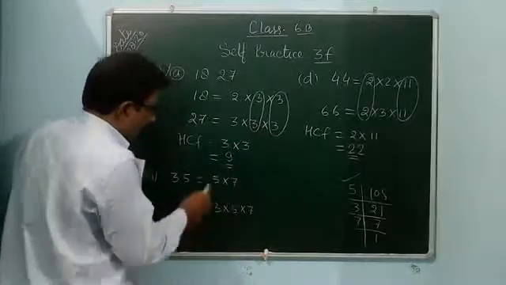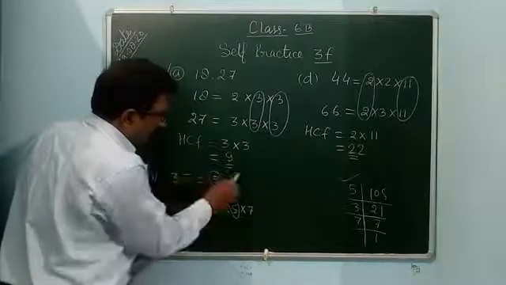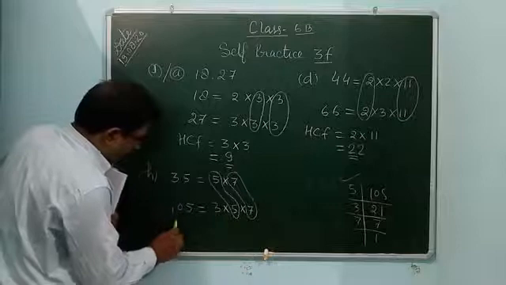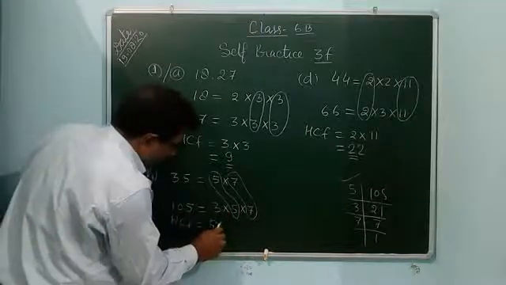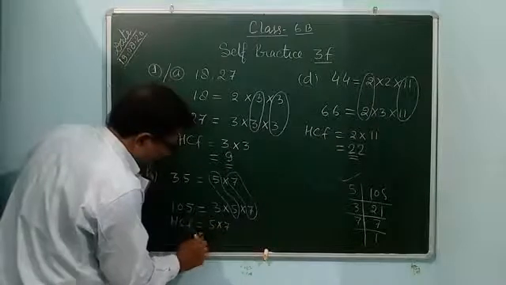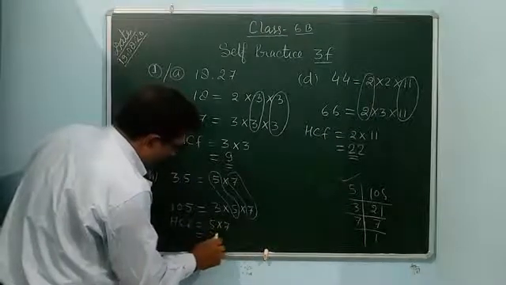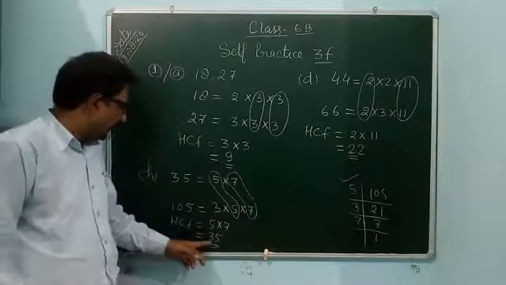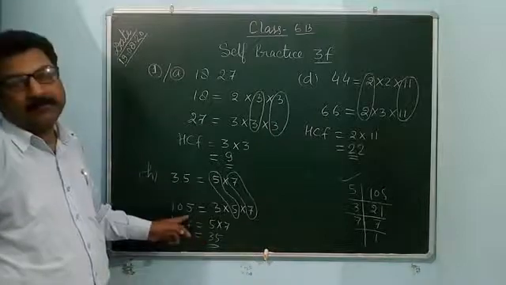So see, 5 is common and 7 is common. So HCF will be 5 into 7, which means 35. 35 is the HCF of 35 and 105.